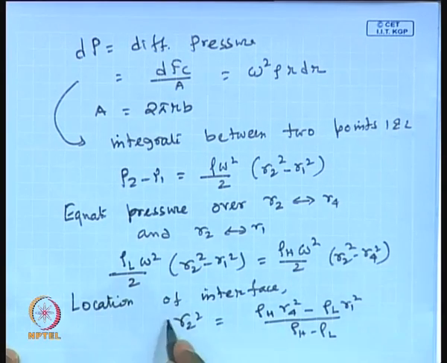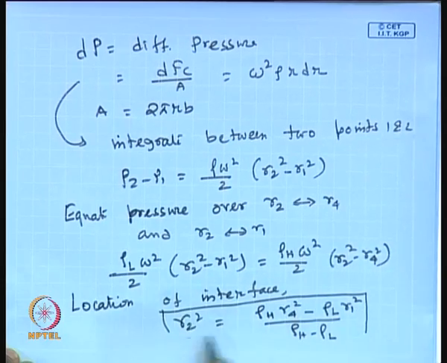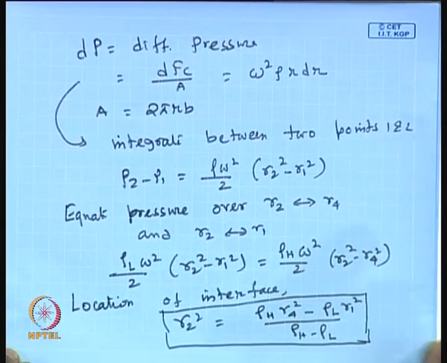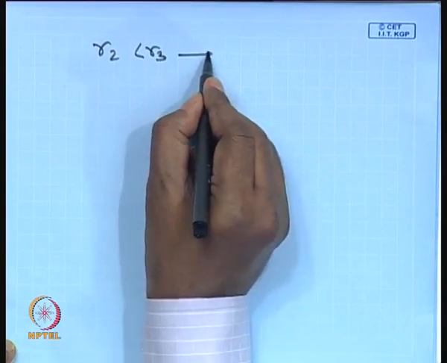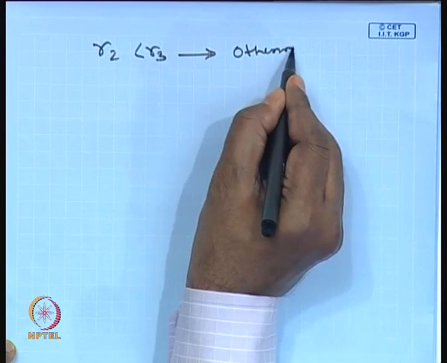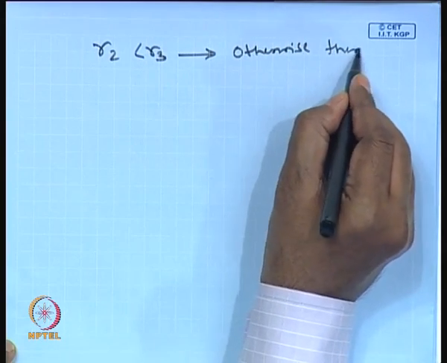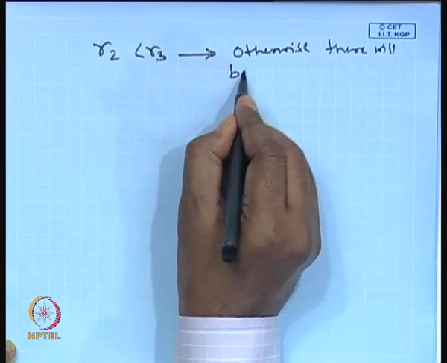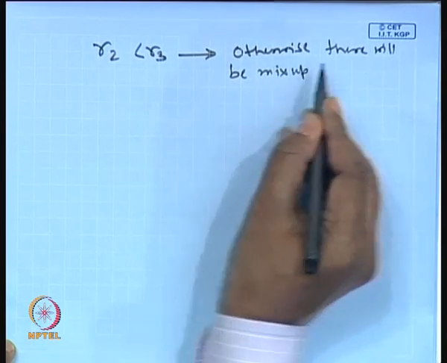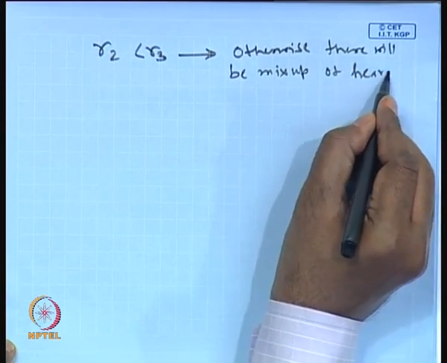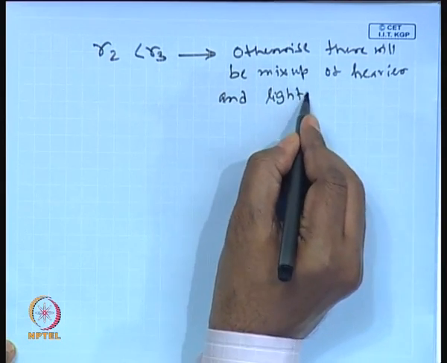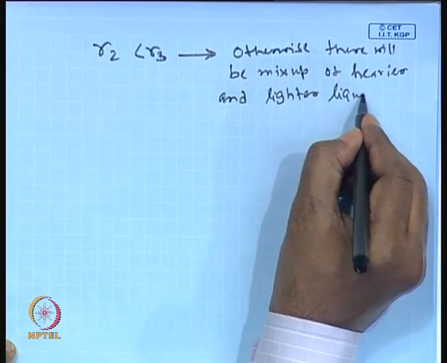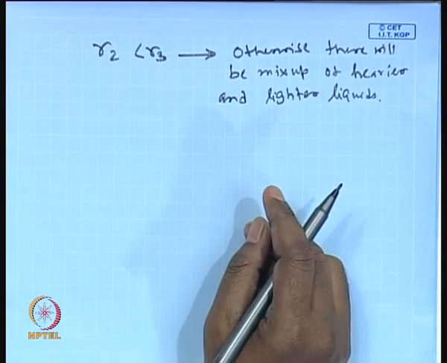So, this gives you an expression of location of the interface that has to be maintained, okay? And R2 must be less than R3, otherwise there will be mix up of heavier and lighter liquids, and there is no separation possible.